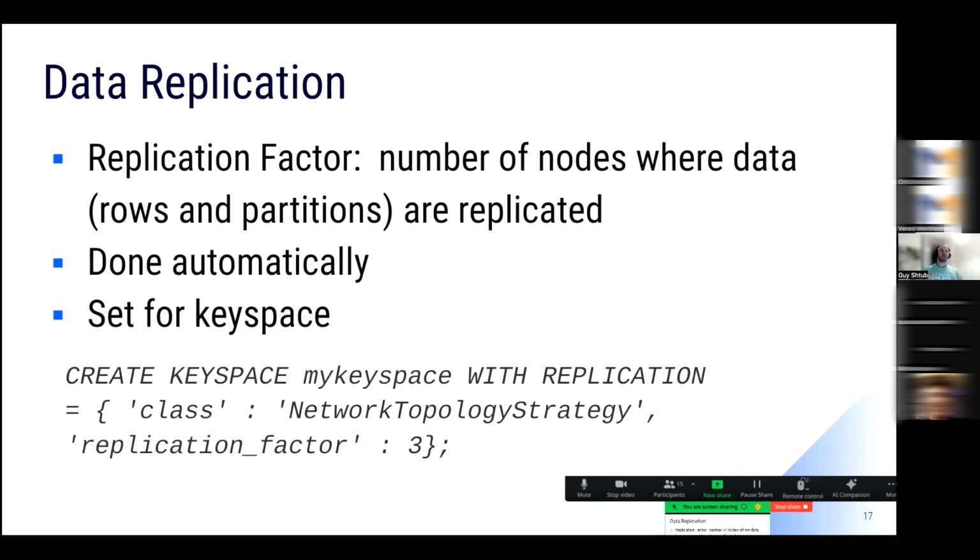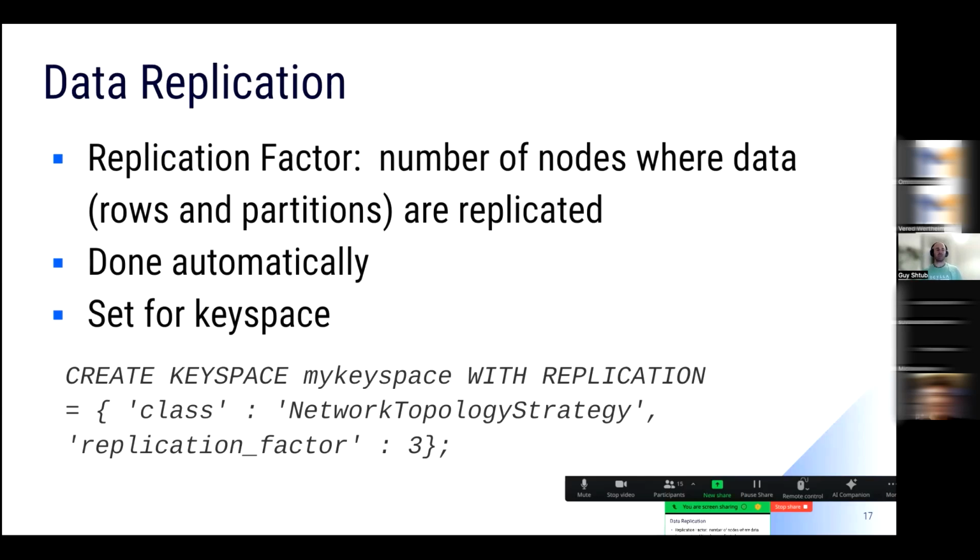Because we have copies of the data on different nodes, even if one or more nodes become unavailable or go down for some reason, we can still serve requests. Okay, so data is replicated automatically. As a user, you don't need to replicate the data.